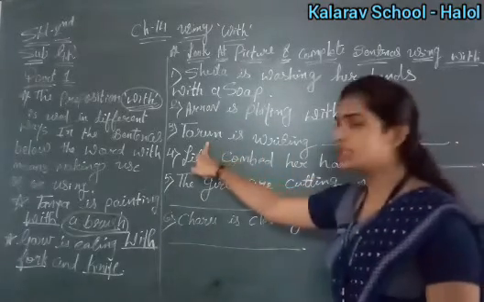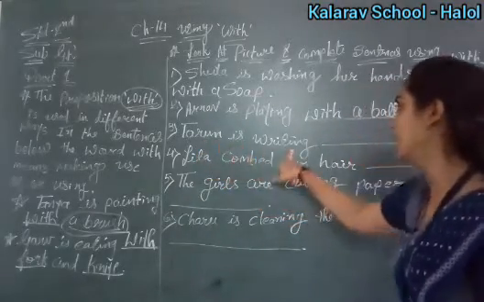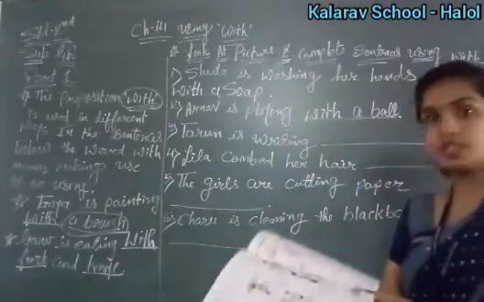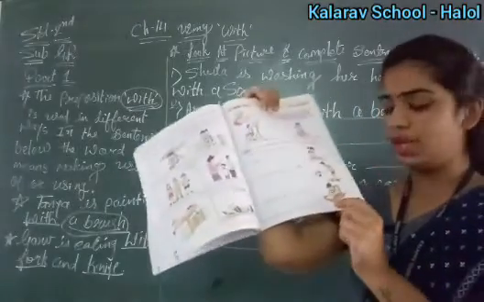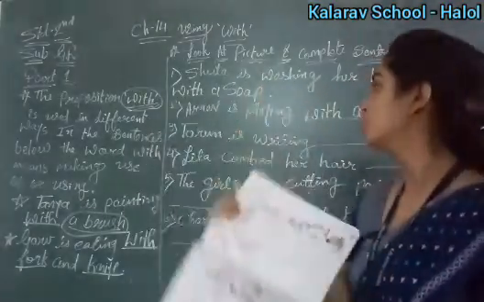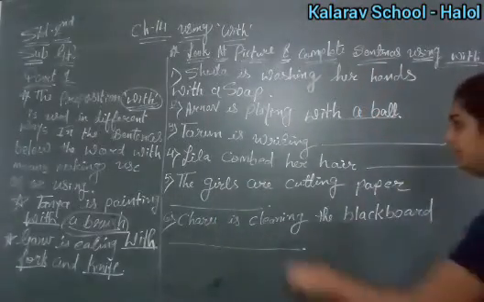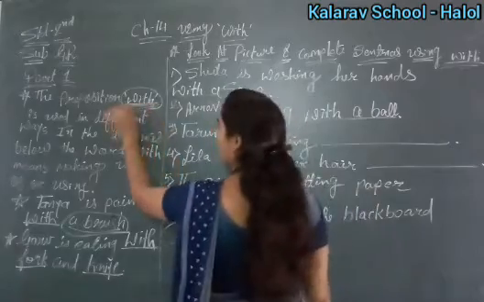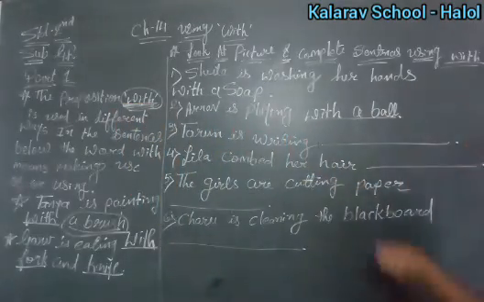Now see what is the third number. Tarun is writing dash. Now what is Tarun doing, see. With what is he writing? He is writing with the pen. So वो पेन से लिख रहा है, तो हम क्या लिखेंगे? Tarun is writing. What will we add next? हम क्या ऐड करेंगे? With.